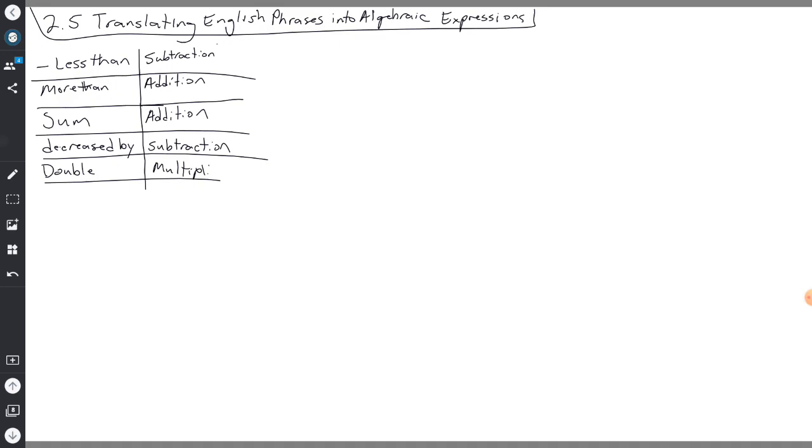Right. Difference. Subtraction. Subtraction.